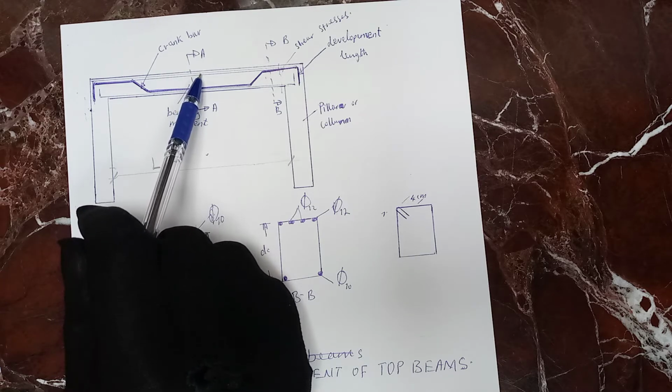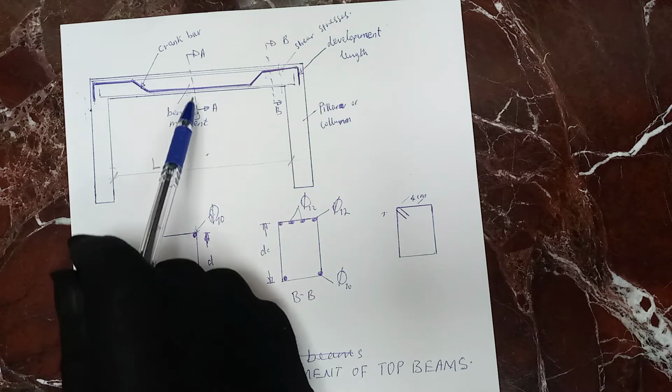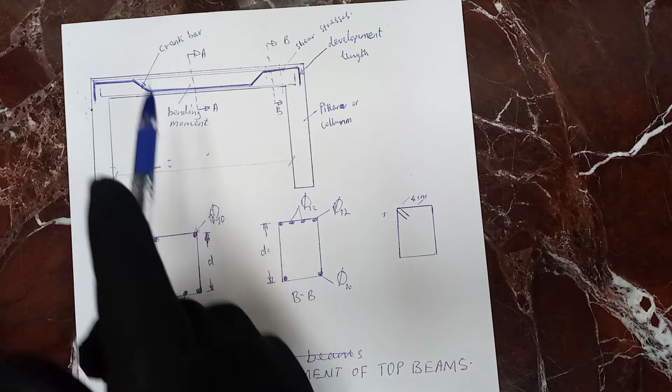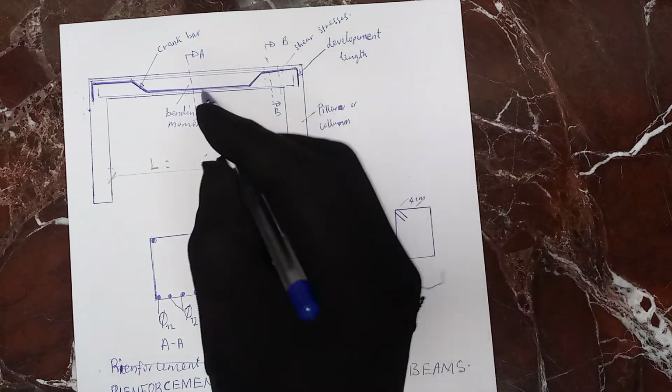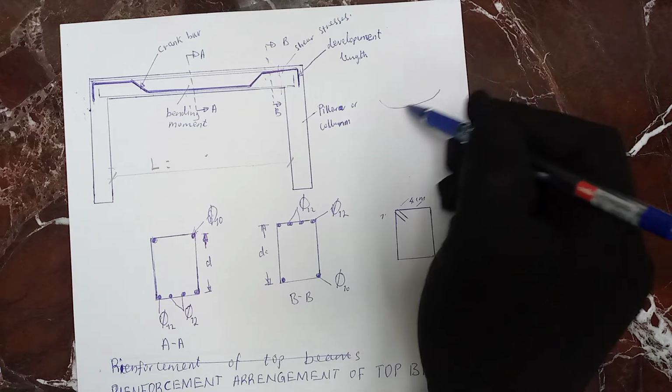Concrete is always weak in tension, because down here it is tension, and up it is compression, because this is how it will compress. Imagine that this beam is deforming. This is how it will be.